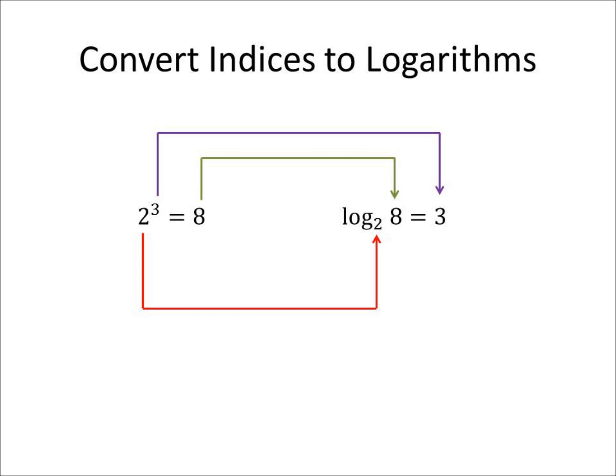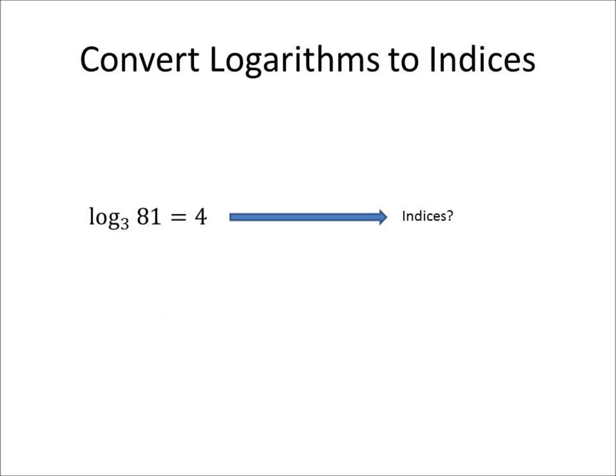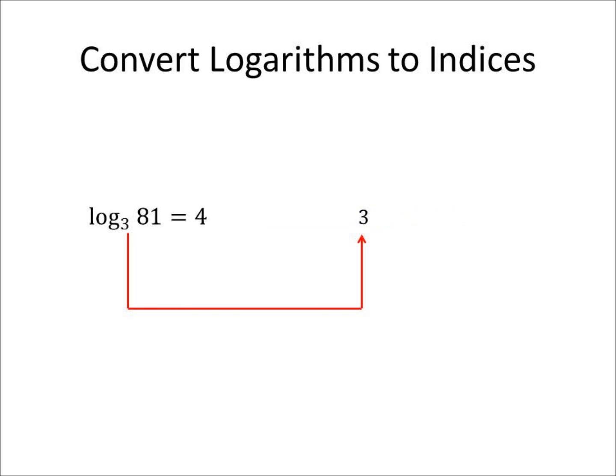Okay, so now the next step is, are we able to convert logarithm back to indices? The answer is of course yes, and we will take a look at how we are going to do it. Same thing, you have to remember the steps whereby we start off from the left to the right. Take a look at this example. Log base 3, 81 equals 4.